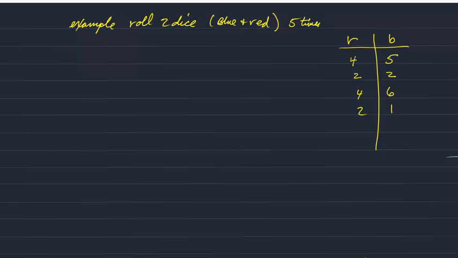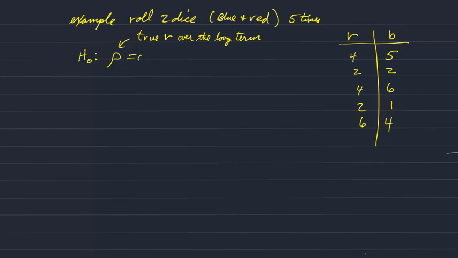These are unweighted dice, not magnetic, so they're decoupled. So we formulate the null hypothesis that the true correlation coefficient, rho, the Greek letter for r, over the long term, if we roll the dice many, many times, is equal to 0. And of course, the alternative is that rho is not equal to 0.